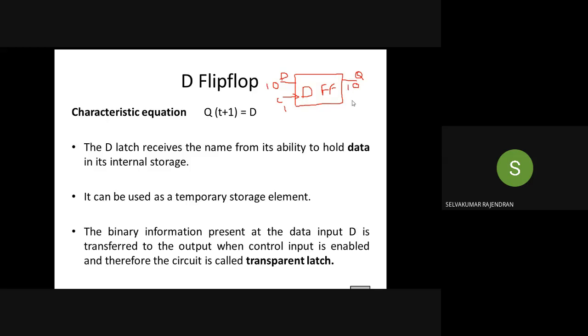This is when the clock or control signal is enabled. So the input is directly available on the output, and because of this, the D flip-flop is also called a transparent latch.